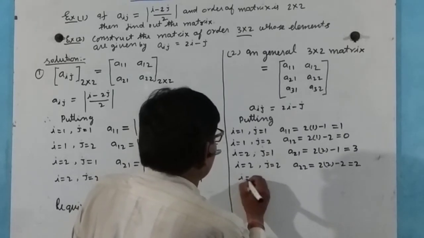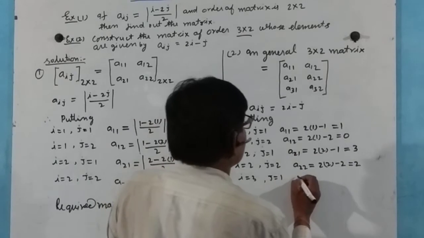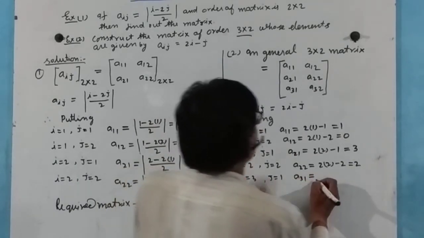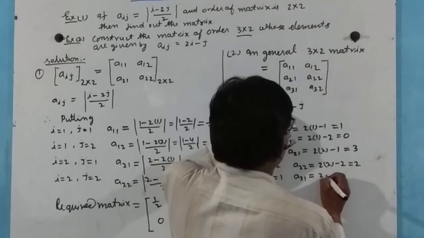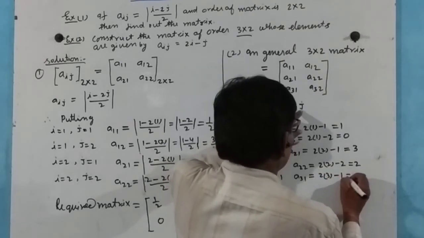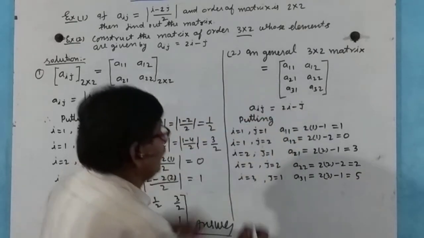I equal to 3, j equal to 1, A31 equals 2 into 3 minus 1, 6 minus 1, that is equal to 5.